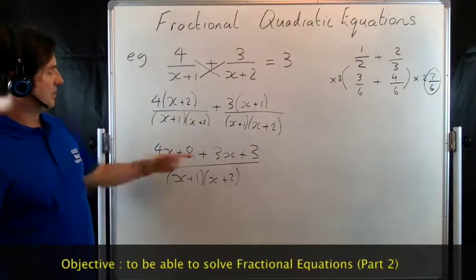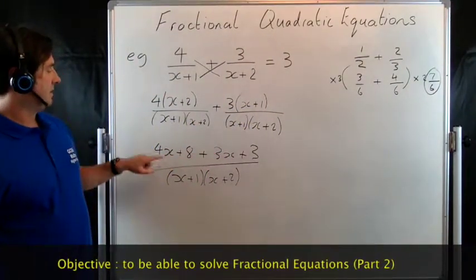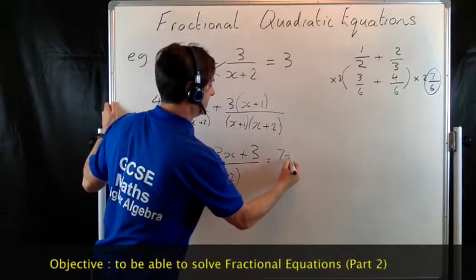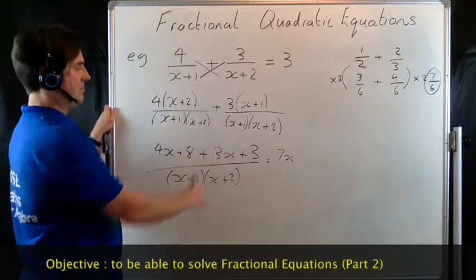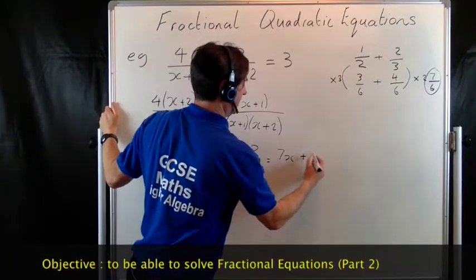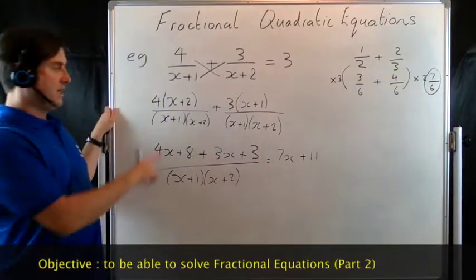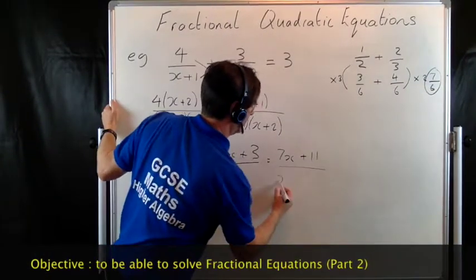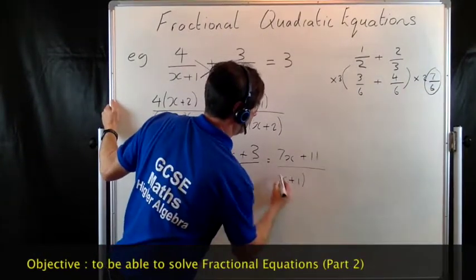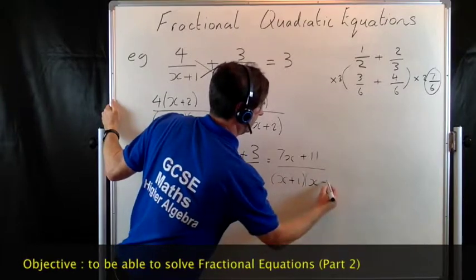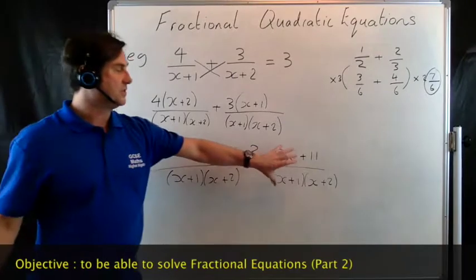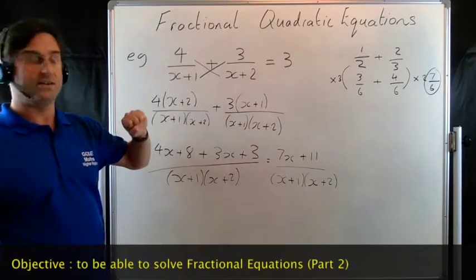Here, of course, I've got to add this top line together. So I've got 4x plus 3x, which gives me 7x, and 8 plus 3, which gives me 11. So I end up with 7x plus 11 over x plus 1, x plus 2. I've now simplified the left-hand side.